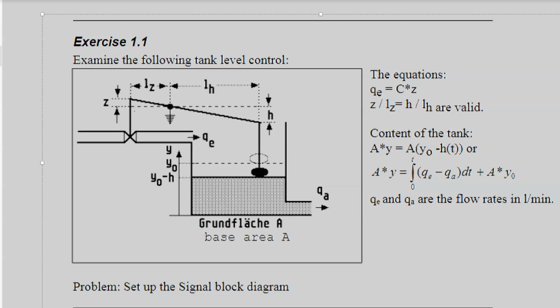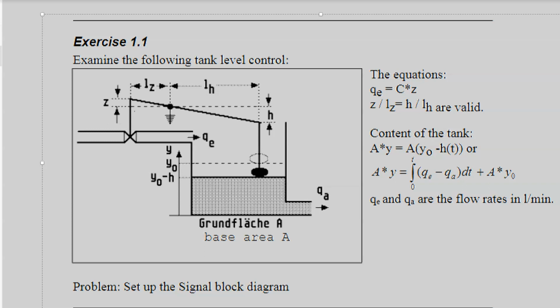So what happens here? This is a tank, say with water, with an outlet, and this is the outlet flow QA, which is unknown, which is dependent on things we cannot influence. So maybe this is the water supply for a small town, this is a water tower, and this is the water going to the houses, and the outlet depends on the water consumption of the single houses.